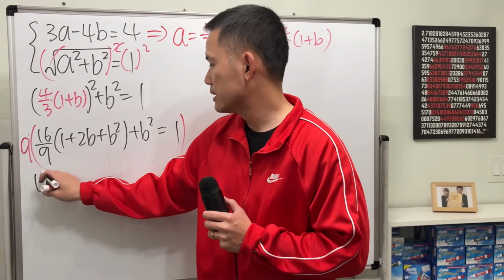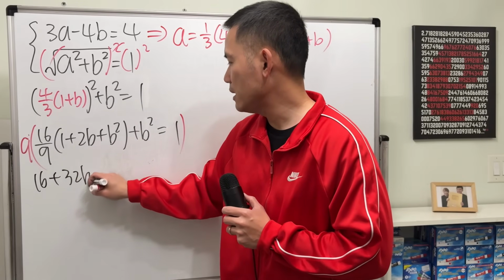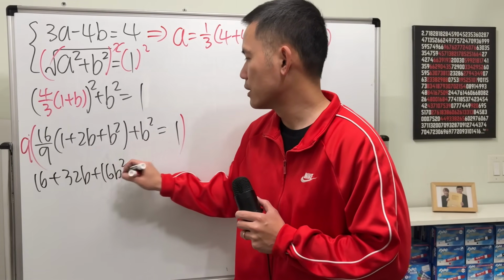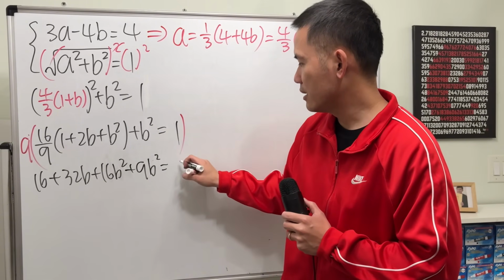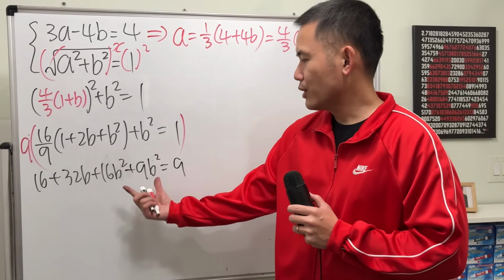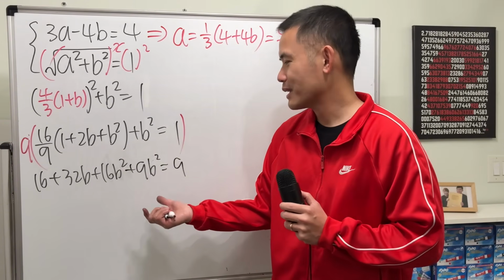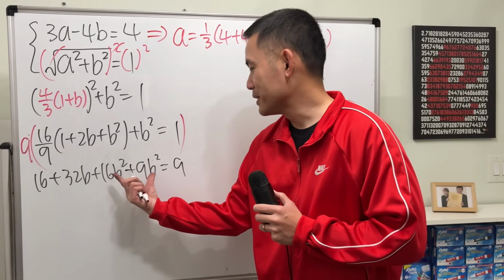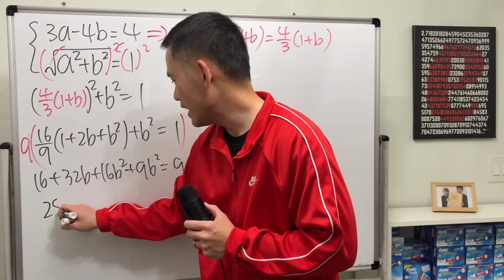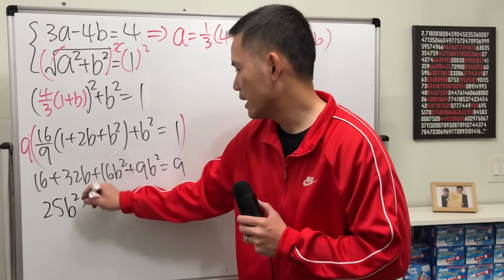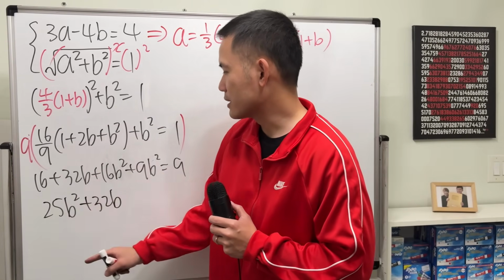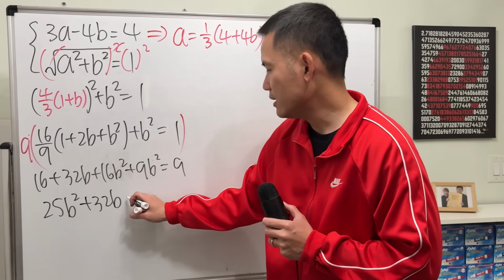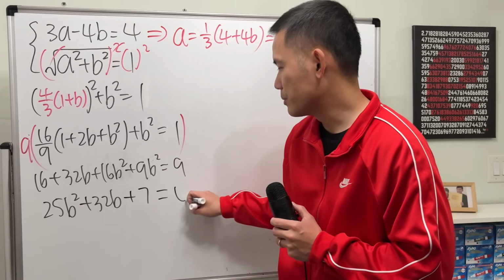So I get 16 plus 32b plus 16b squared, and then 9 times 1. So it's just like a good old day of doing algebraic equations, right? Anyways, this right here is 25b squared, plus 32b, minus 9 from both sides, so that will give us a 7. So that will be 0.